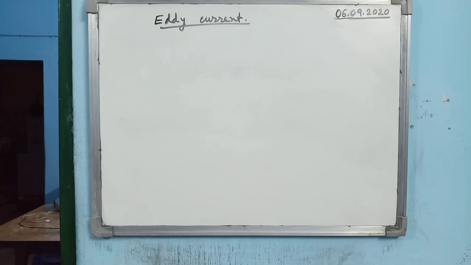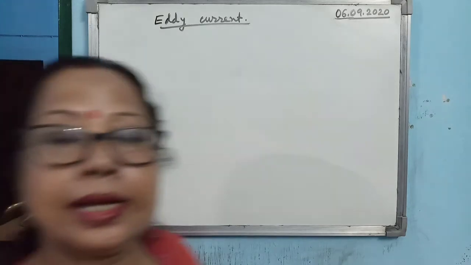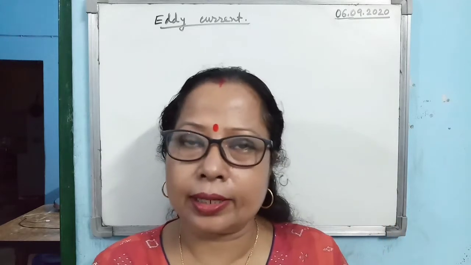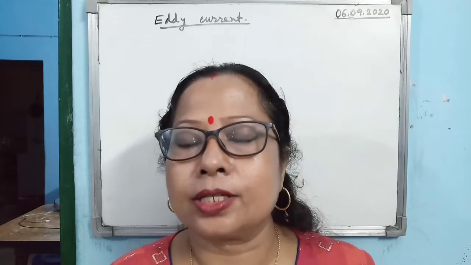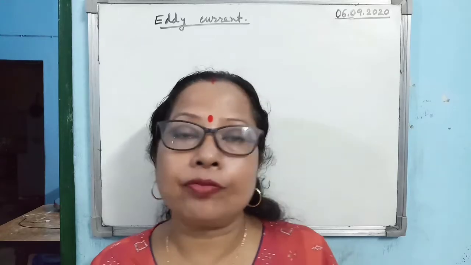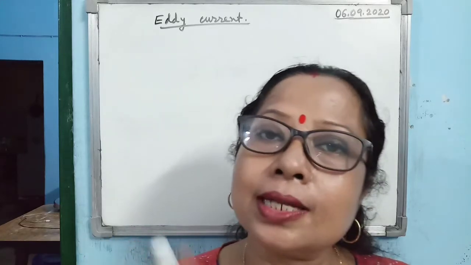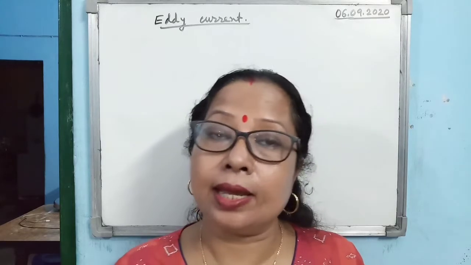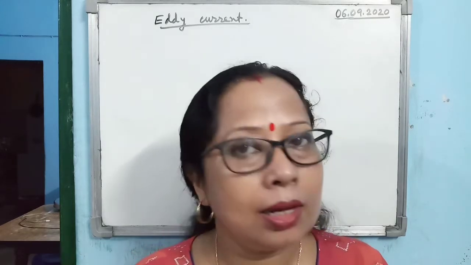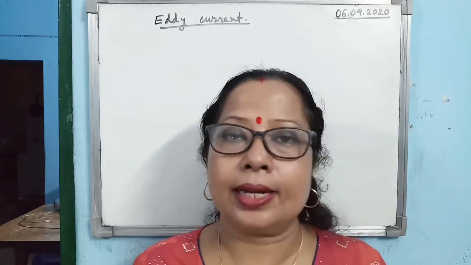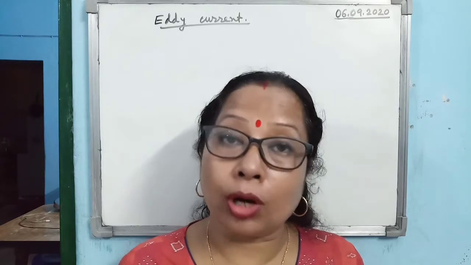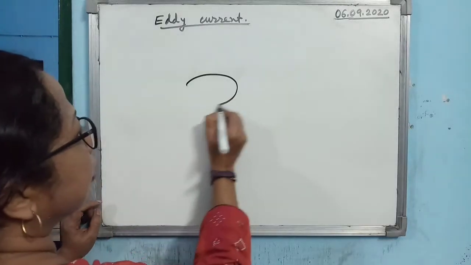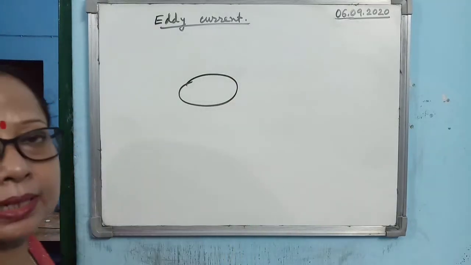Now the concept of eddy current. Already you got it in 10th standard while teaching you transformer. I gave you the detailed concept of eddy current. So what is that? We know that whenever the magnetic flux linked with a closed coil or closed circuit changes, then EMF will be induced in the coil, alright, due to electromagnetic induction. Now instead of a closed coil or closed circuit, suppose you have taken one conductor, a metallic coin suppose.